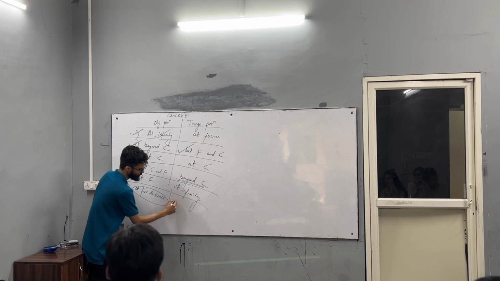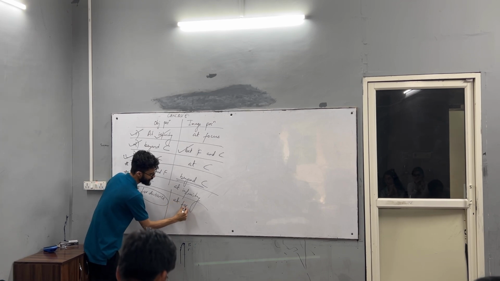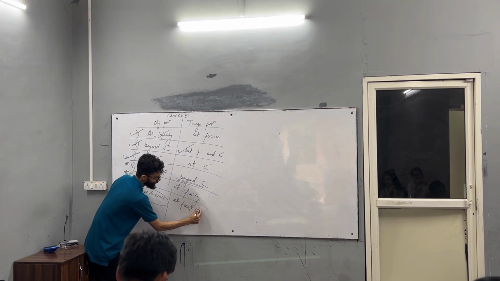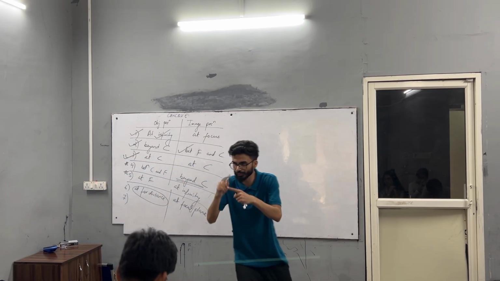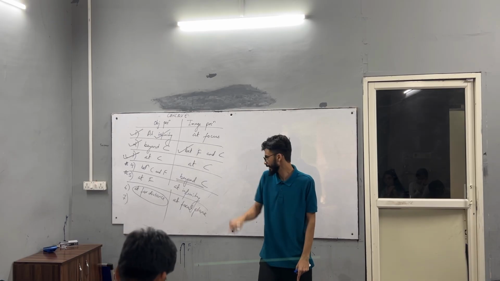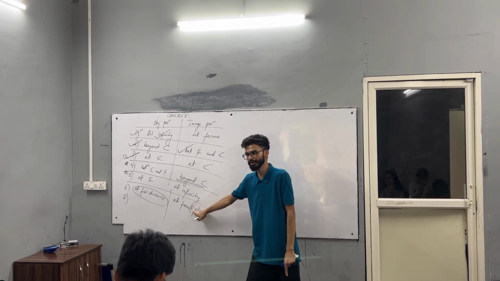In this, the image is formed at the focal plane. I just told you about the focal plane, where the concentration of all the light rays happened. It is this scenario. Okay?